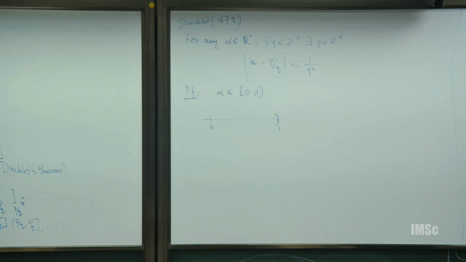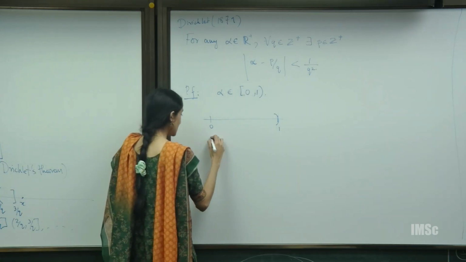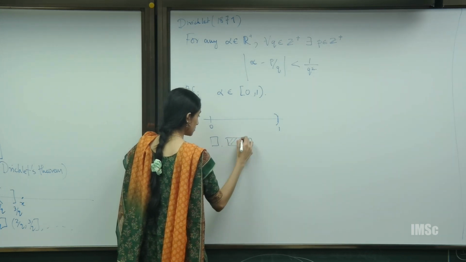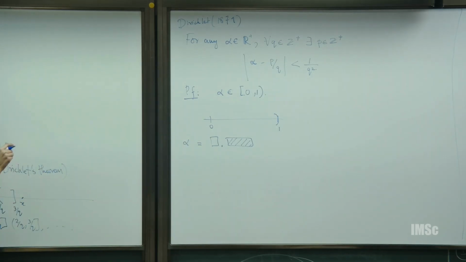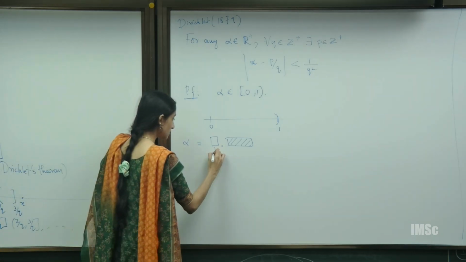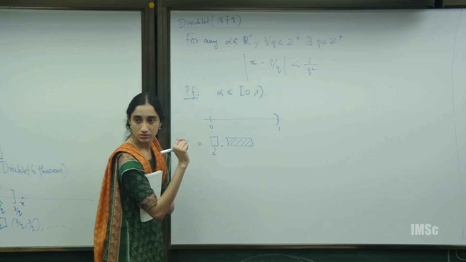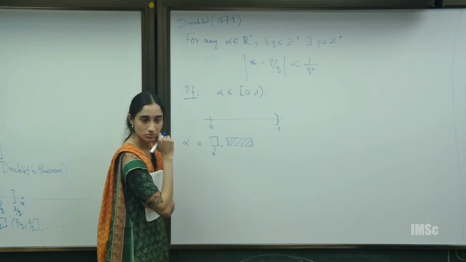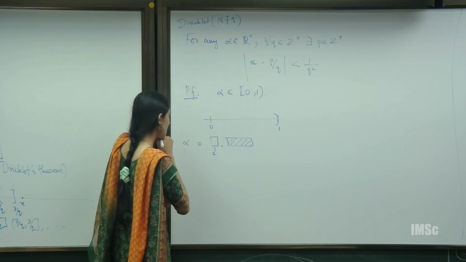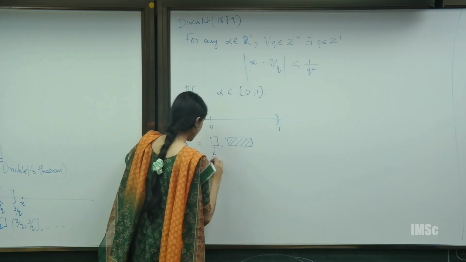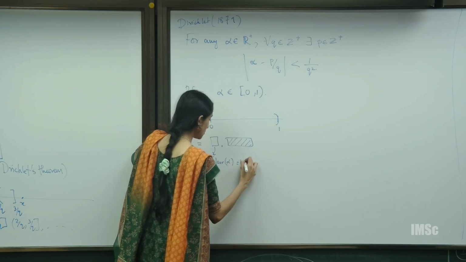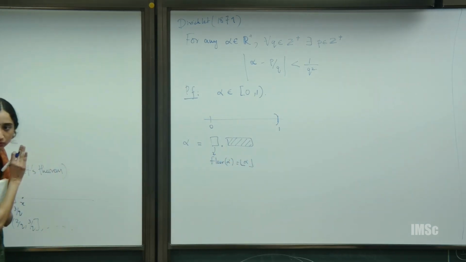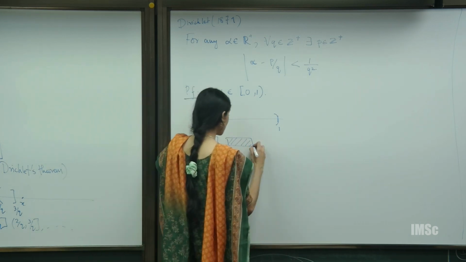So alpha is some real number. How will alpha be represented? It has something here, times, there are some digits after the decimal point. So what is this? This has a name. It's 0, but floor of alpha, right? Here it is 0; in general it's the floor, the largest integer below it.